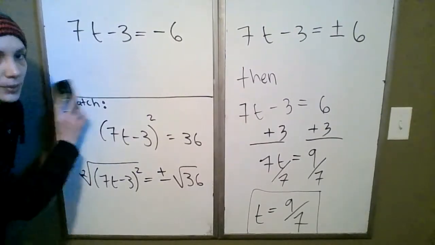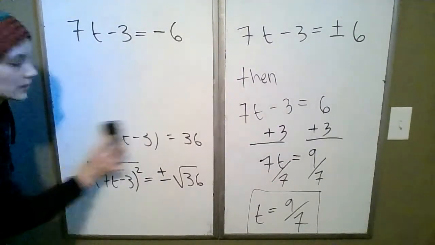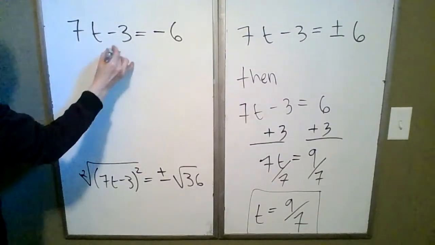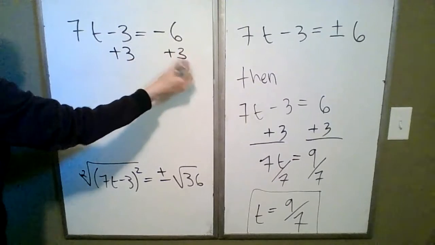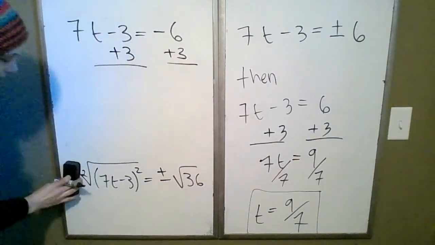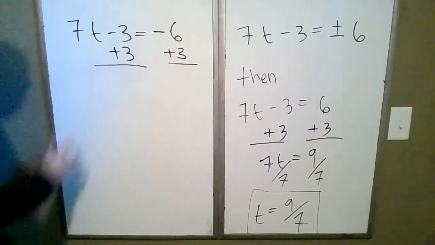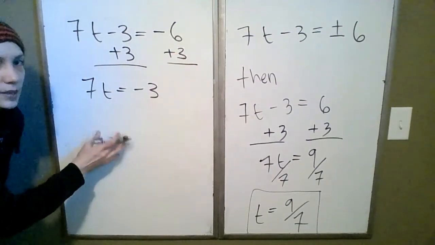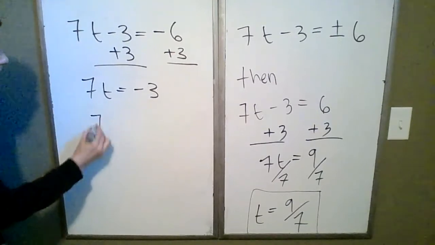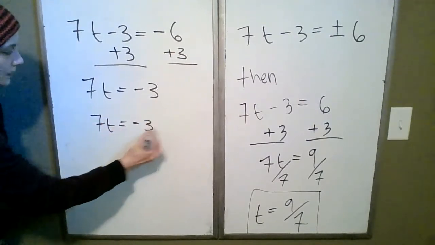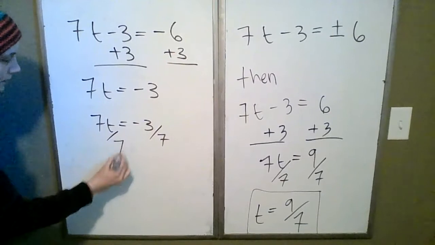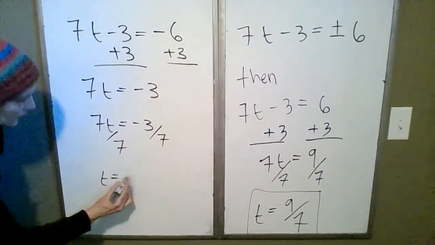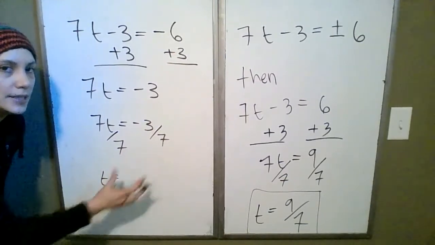Then we'll get the other one, and we add 3 to each side. Then divide both sides by 7. So the other solution is negative 3/7.